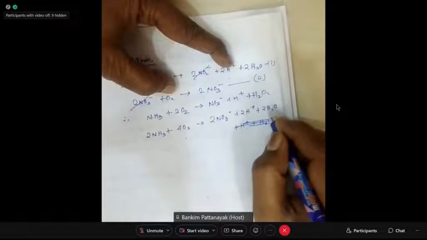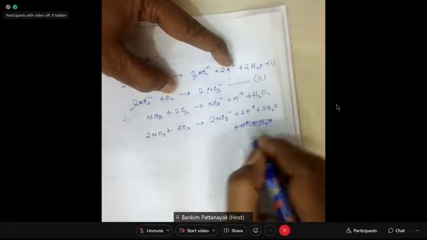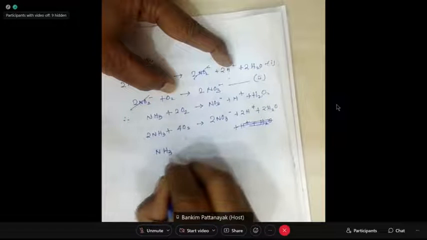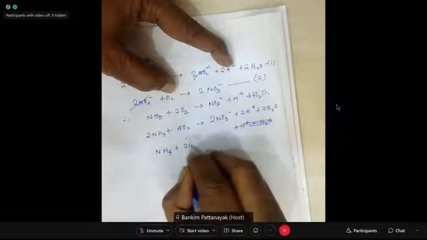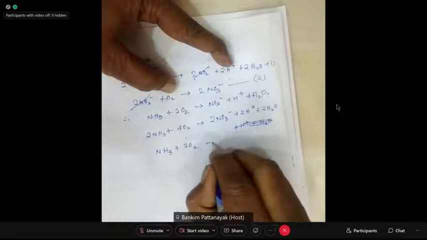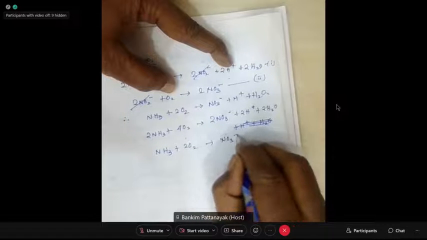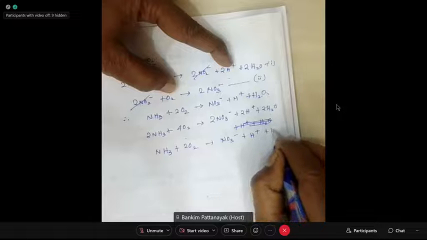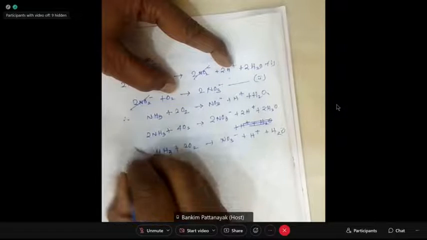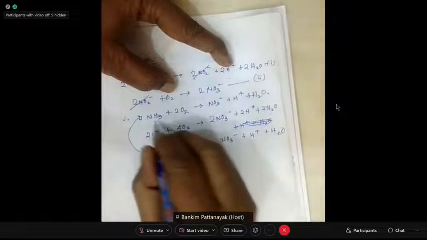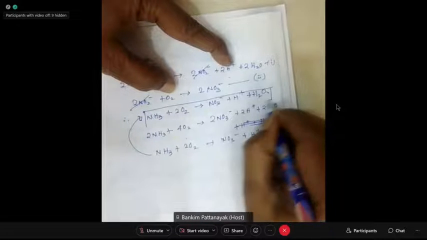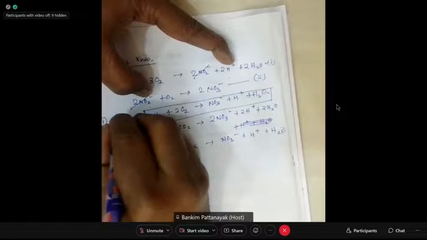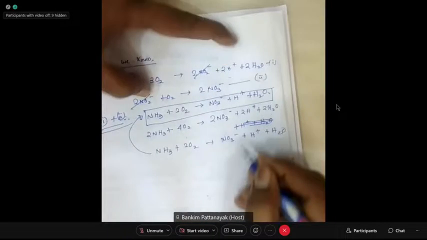So basically, finally it becomes NH3 plus 2O2, the 2 cancels, NO3 minus plus H plus H2O. This is the formation we have got out here. This comes by adding 1 and 2.